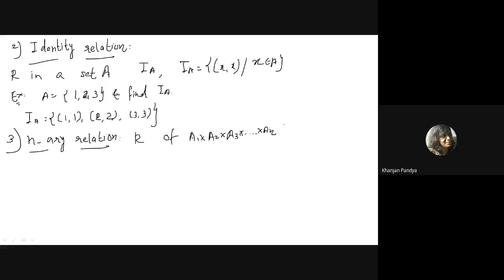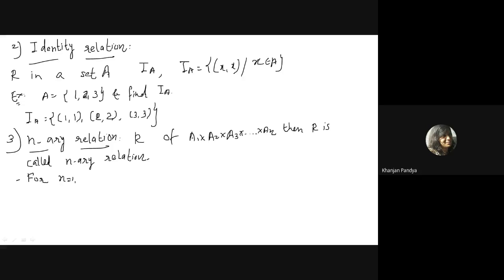Then R is called an n-ary relation. R is called a unary relation for n equal to 1.